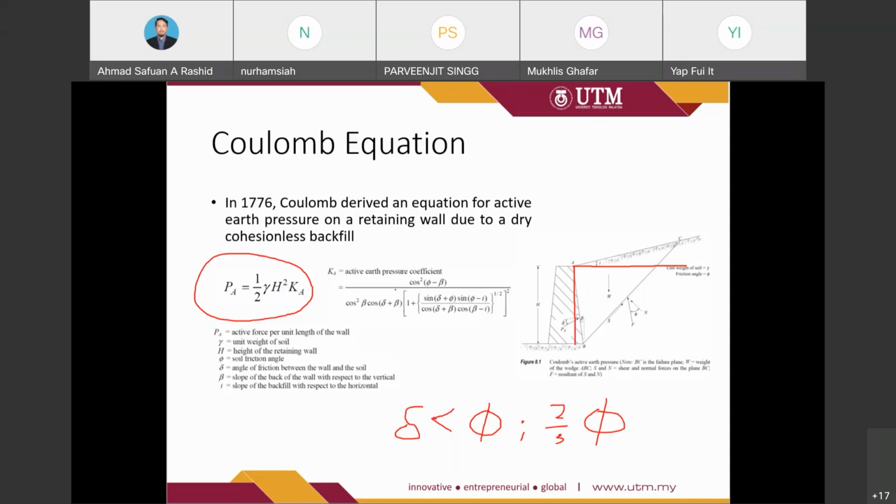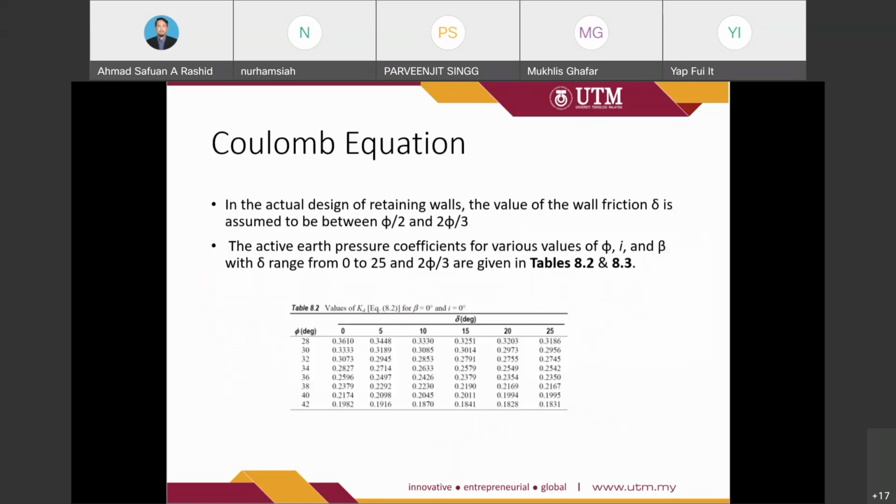This equation for Ka could also be determined by using a chart, a table. This is the table to determine Ka without using the equation; actually this table has been calculated based on the equation.